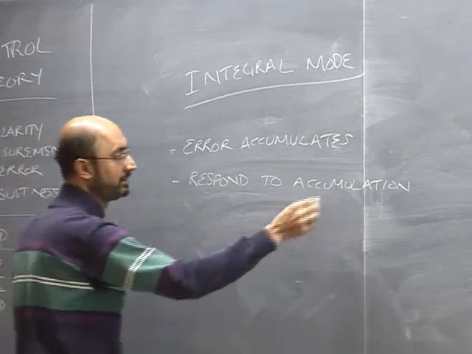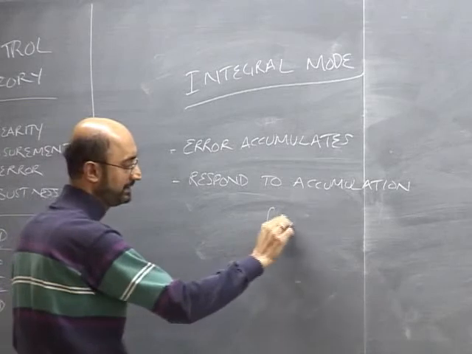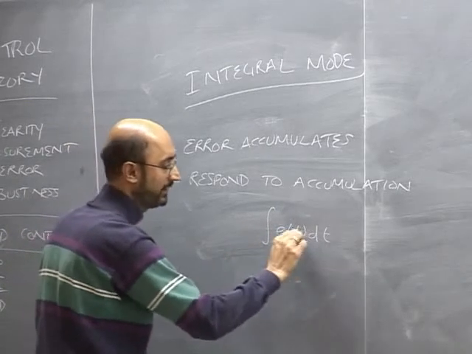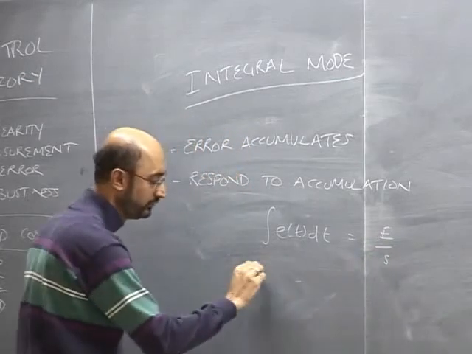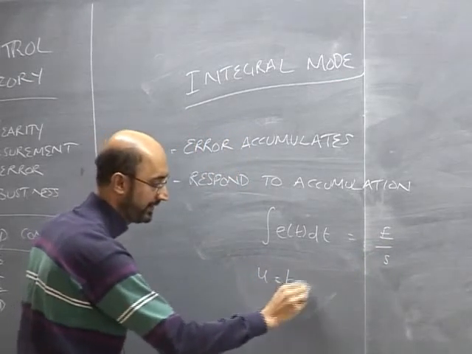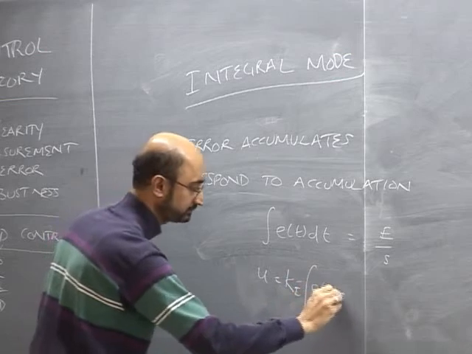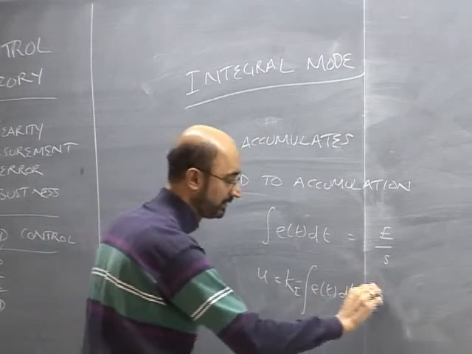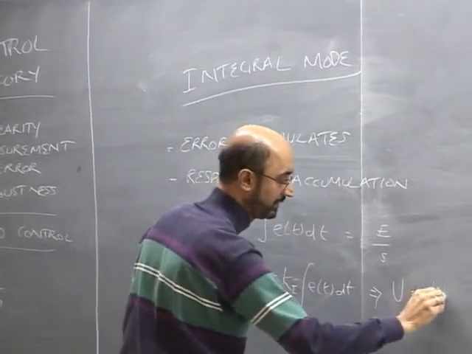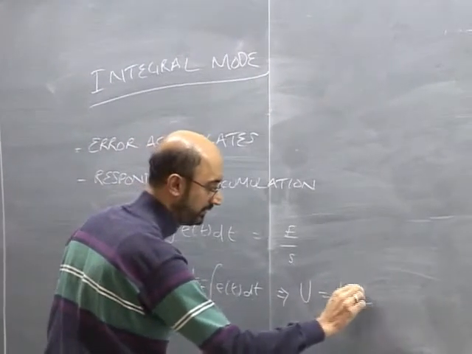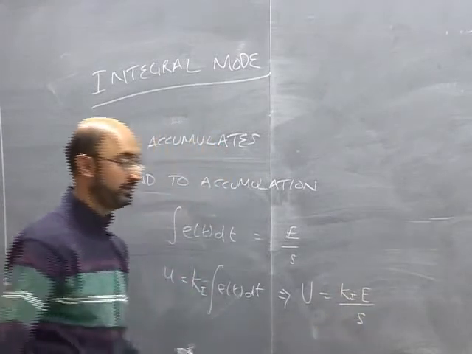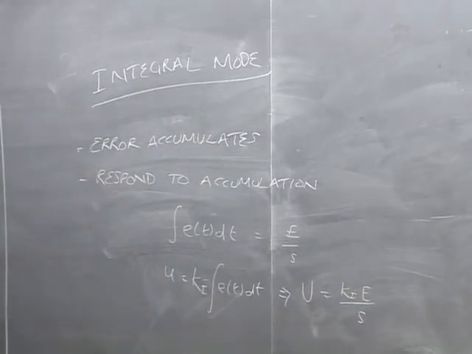So the accumulated error is going to be the integral of e(t) dt, which in the Laplace domain is going to be E over s. So we want to make u proportional to Ki times the integral of e(t) dt, which in the Laplace domain gives u equals Ki, I stands for integral, times E over s. Okay, so that's the intuition here.